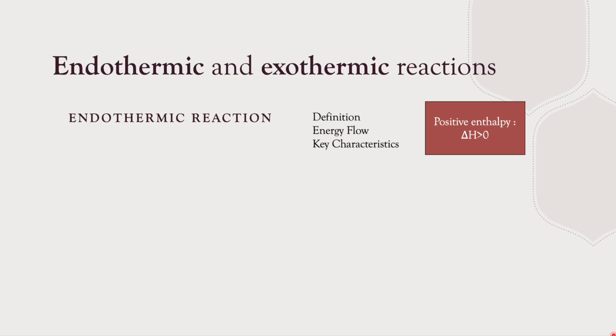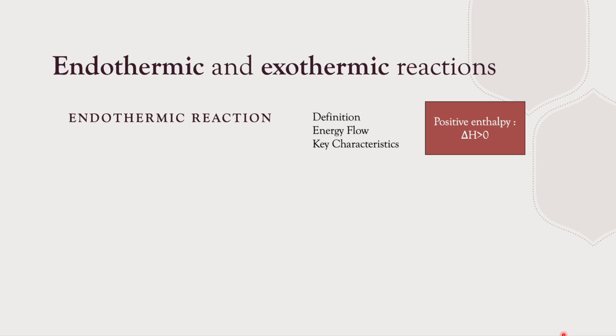It's a thermodynamic property of a system that represents the total heat content or the total energy of the system, including both internal energy and the energy that is required to displace its environments, such as pressure volume work. In simple terms, it's the measure of the heat energy in a system at constant pressure. Okay? Now, moving back to endothermic reactions.